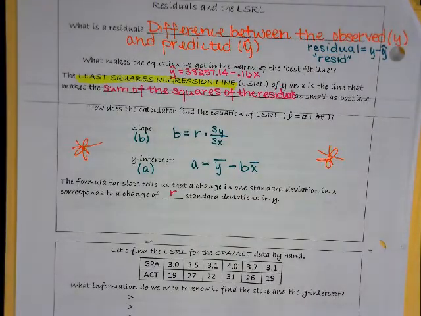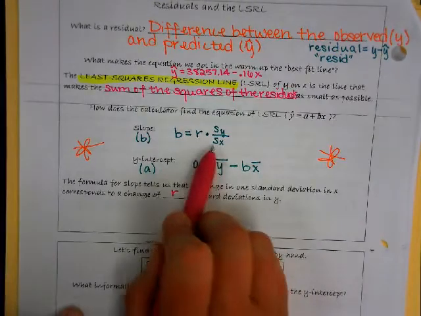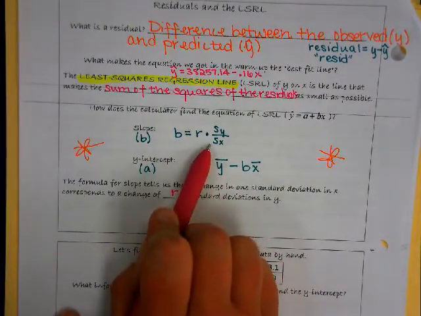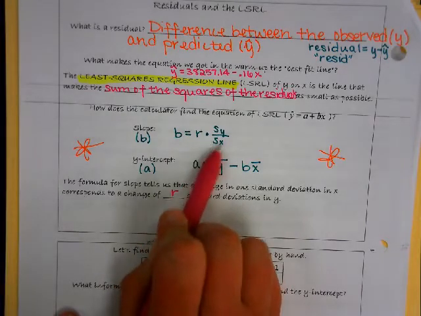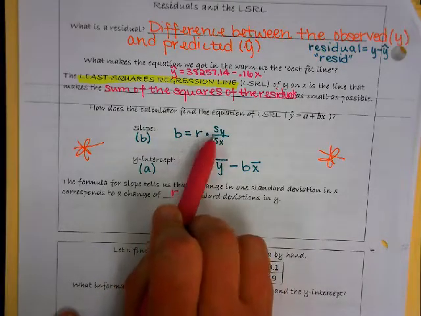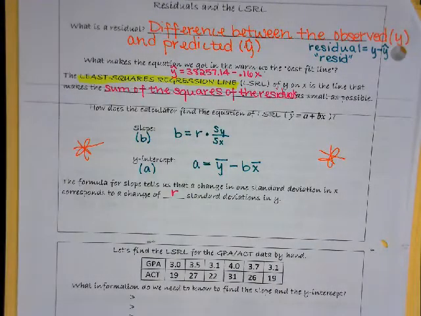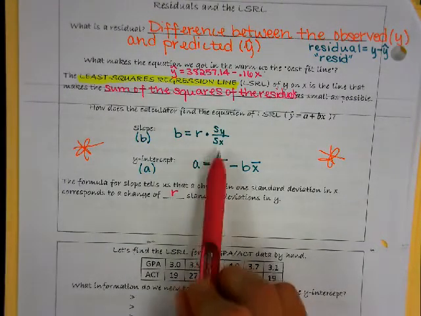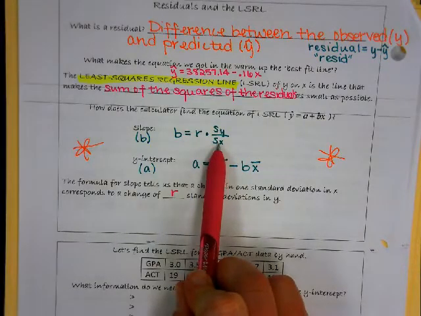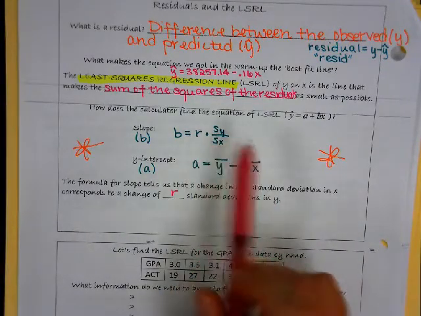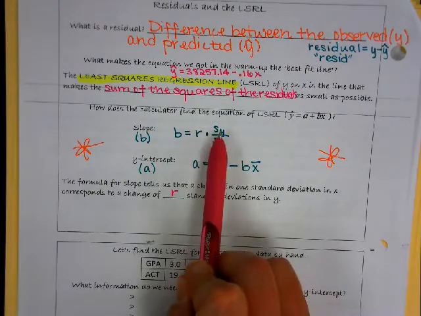So a change in one standard deviation in x corresponds to r. Let me start over. If we change by one standard deviation in x, then we're going to have a change of r standard deviations in y.